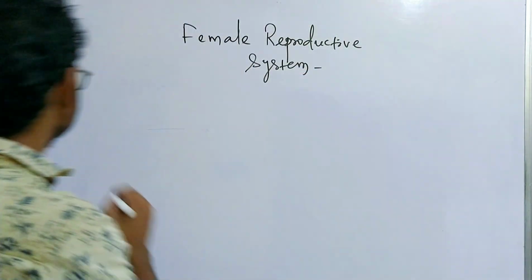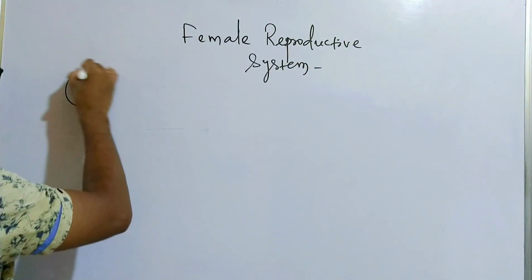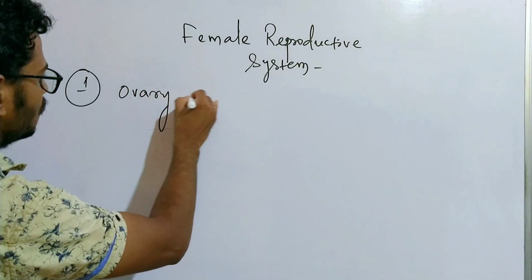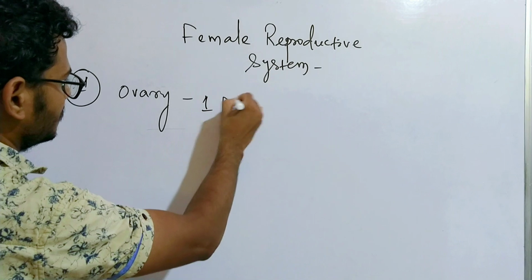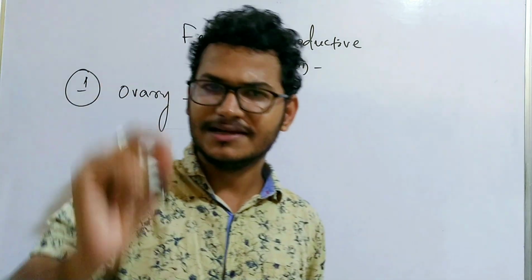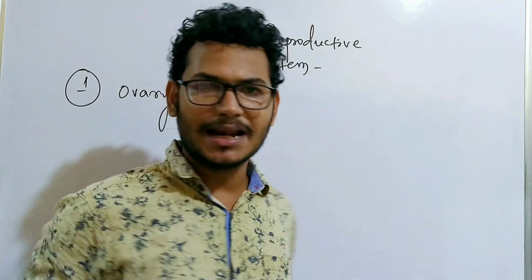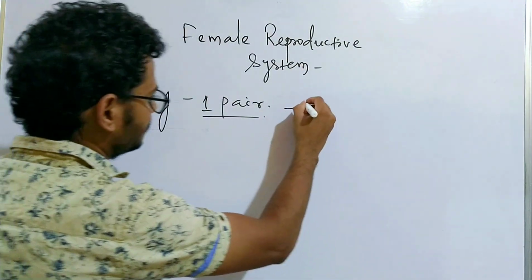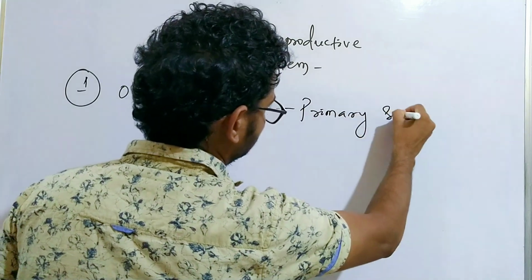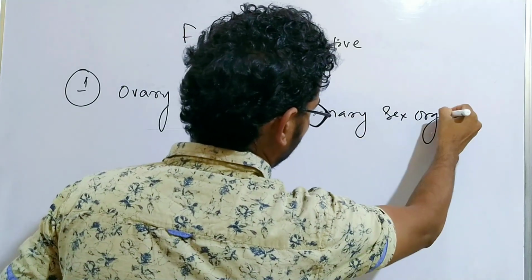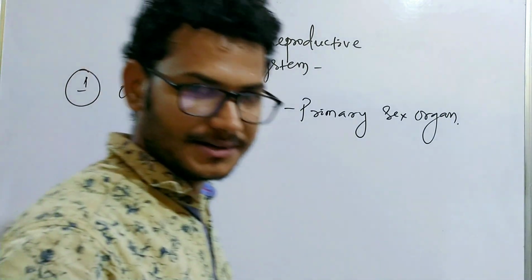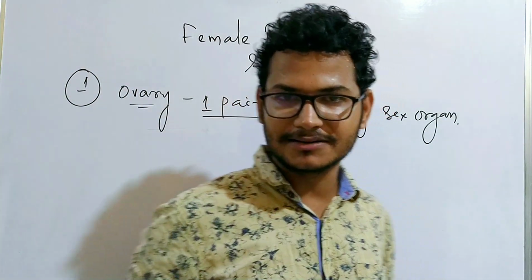It is present in pair. So one pair of ovaries are there in the female, which makes the primary sex organ.